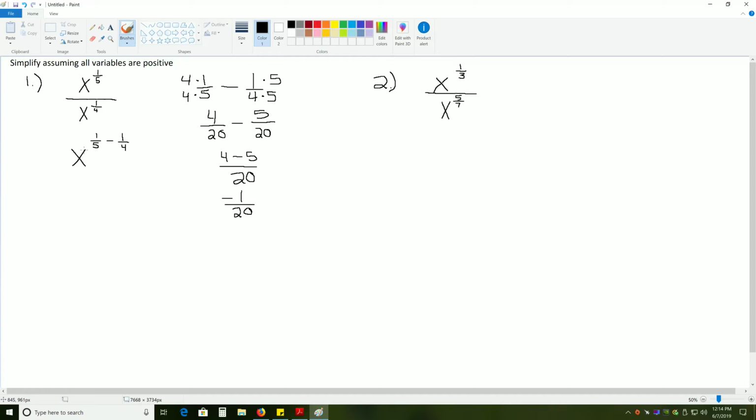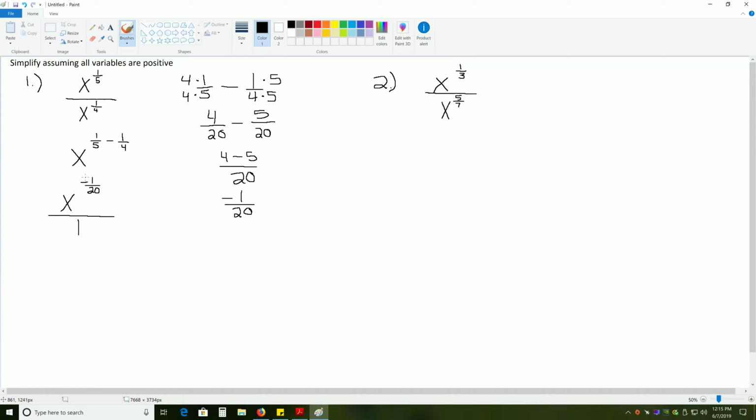So now x to the 1/5 minus 1/4 is the same thing as x to the negative 1 over 20. From there, we cannot leave a negative in our exponent, otherwise it will not be simplified. So we're going to move this value to the denominator. Remember, whenever you have any whole number, you can put it over 1 and you still have the exact same problem.